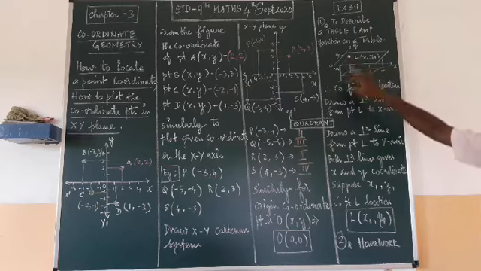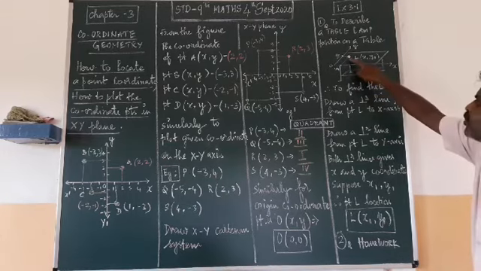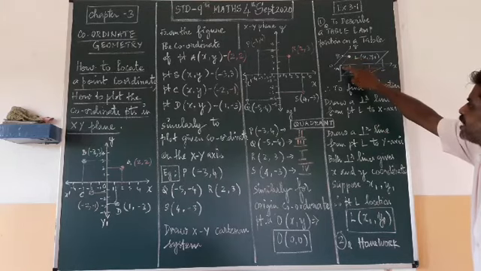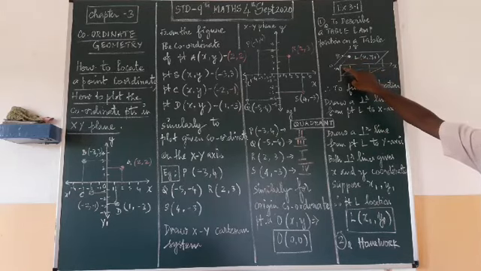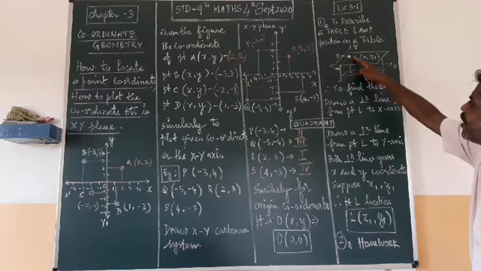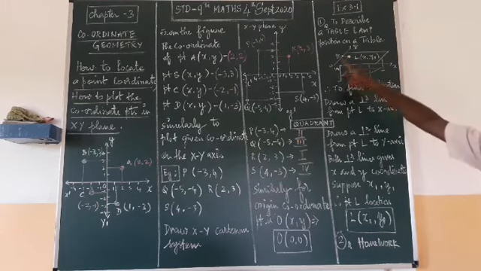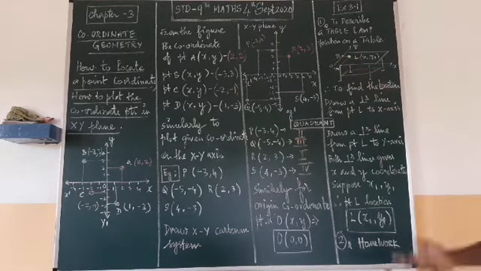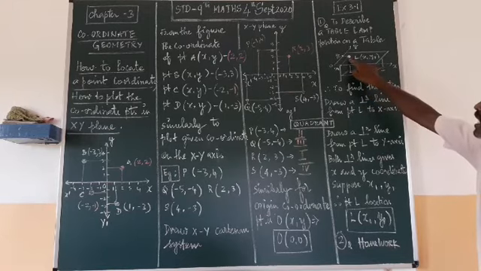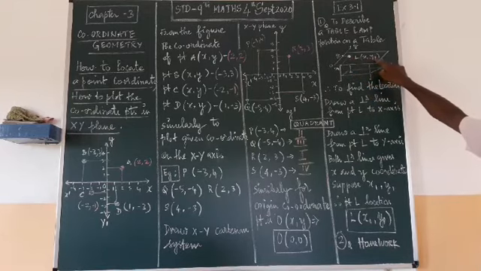So L, I have to find this coordinate point. How to find the coordinate point? From this point, draw a perpendicular line to x axis, let it be x1. From this point, draw a perpendicular to y axis, let it be y1. So what is the position of this lamp L? x1, y1.